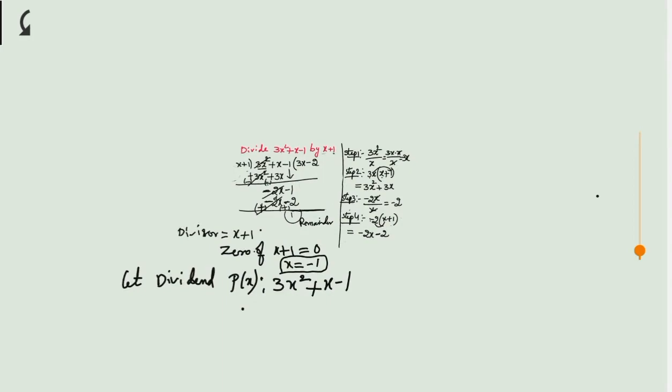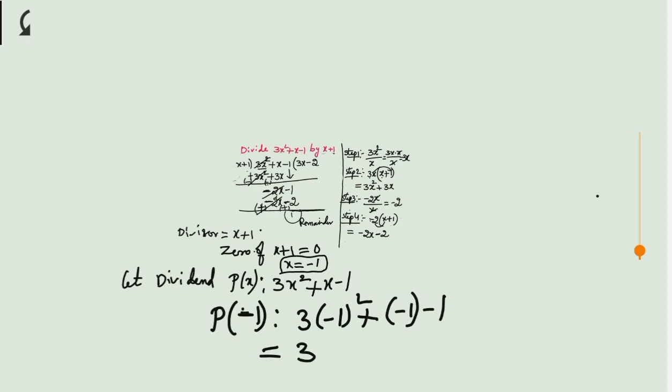Find the value of p of minus 1. We get 3 into minus 1 whole square plus x, that is minus 1, minus 1. 3 into minus 1 whole square means minus 1 into minus 1, minus into minus is plus, so you get 1.